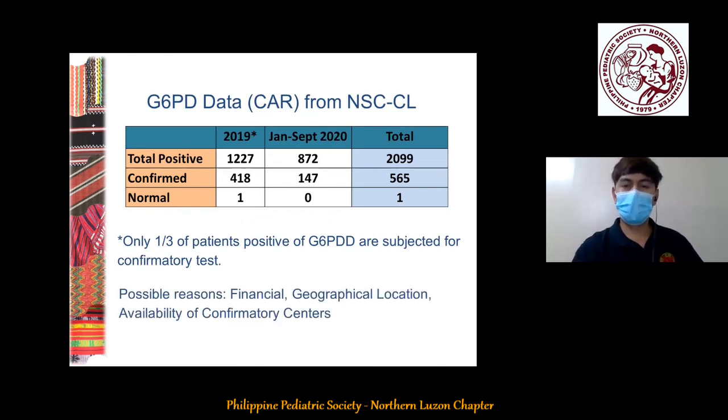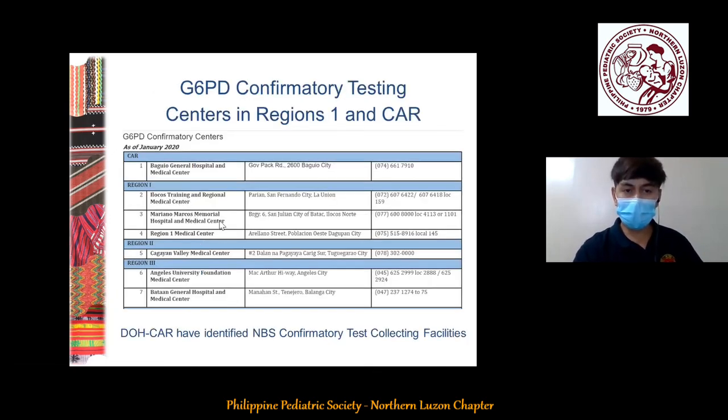Financial, the cost of G6PD deficiency confirmatory is 400 pesos. Second, geographical location, malayo, and availability of confirmatory centers. So, for Luzon, we have these confirmatory centers. For Region 1, tatlo po.